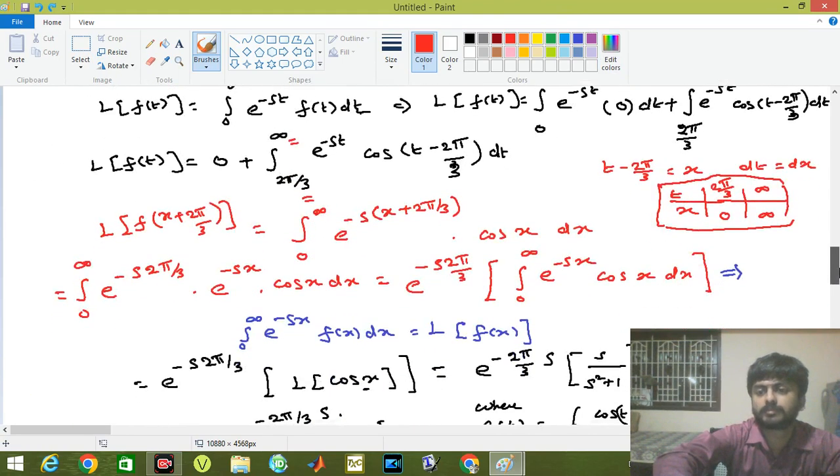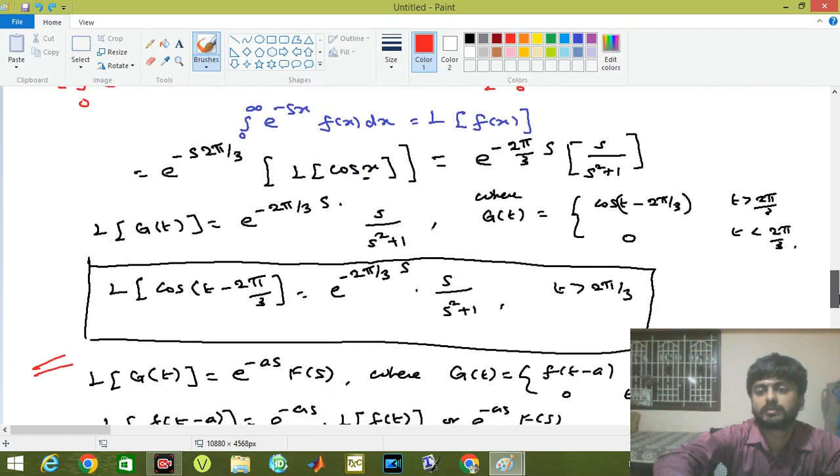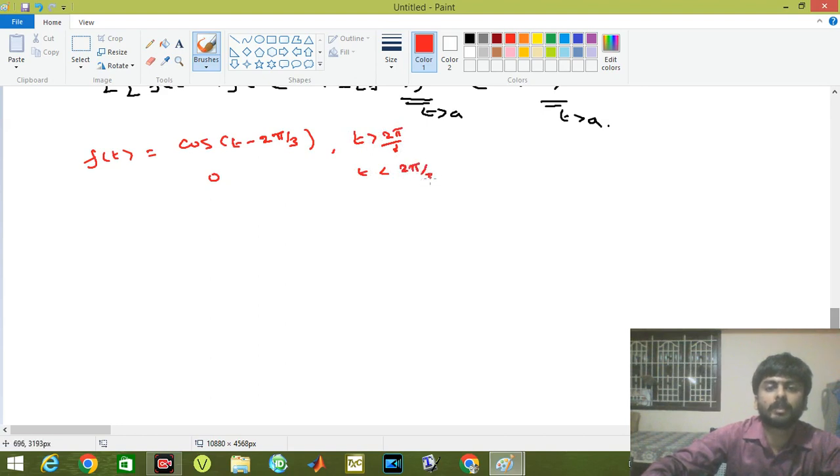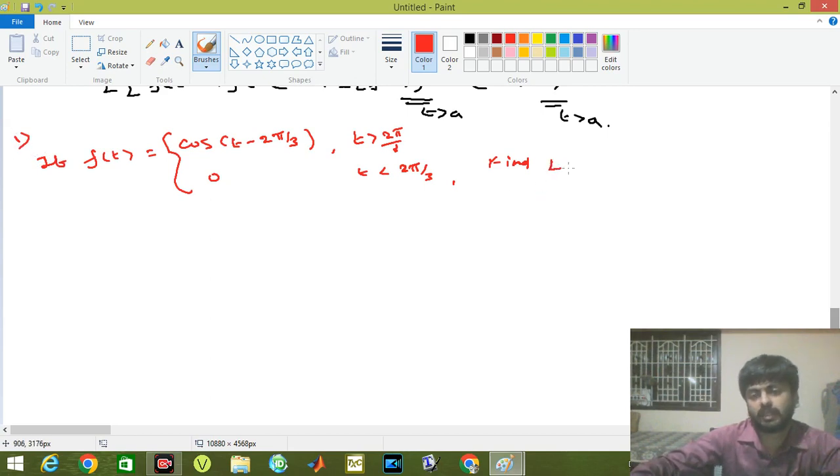Here we are having the condition t greater than 2 pi by 3, and here we are having 0 for t less than 2 pi by 3. The question is to find L of f of t.